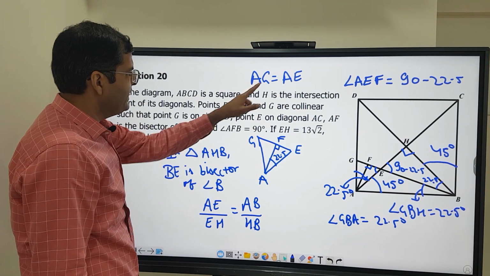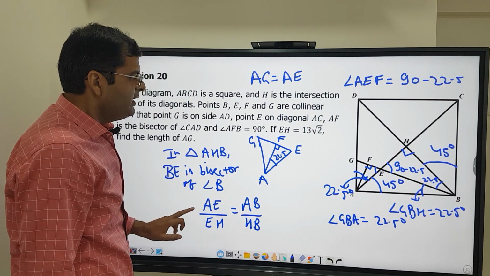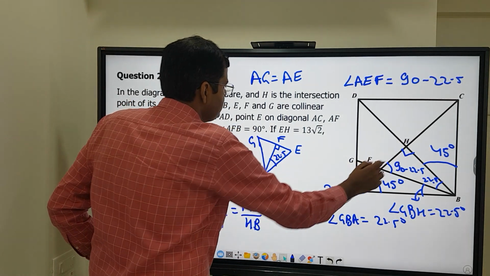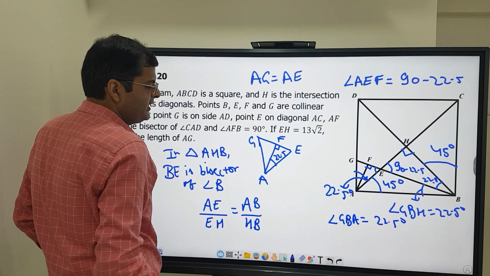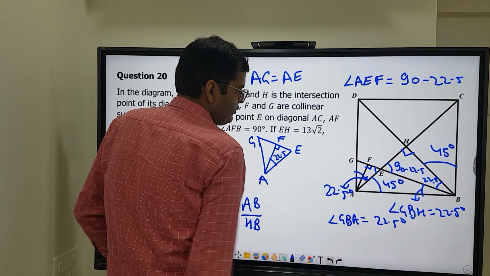Now AE is AG, and we need to find AG. EH is given to be 13 root 2. AB and HB we have to figure out.